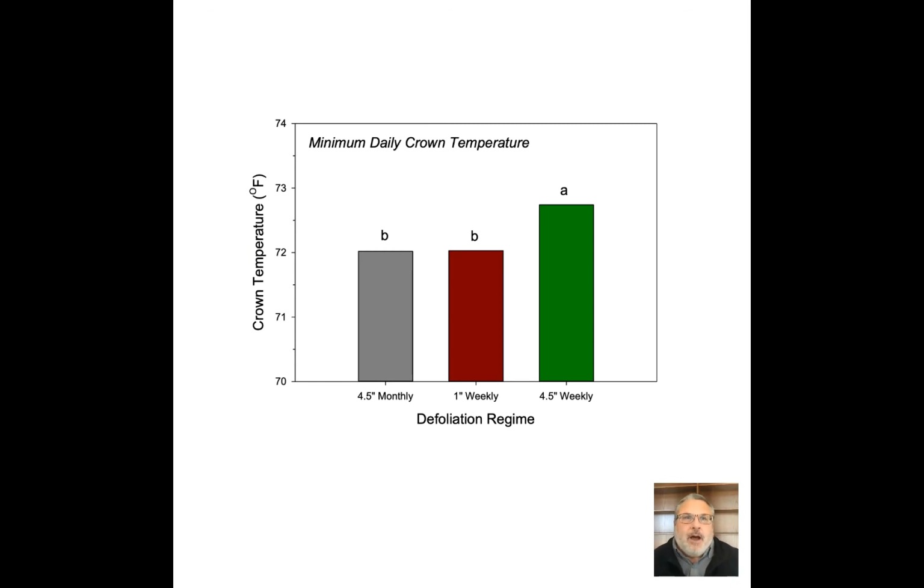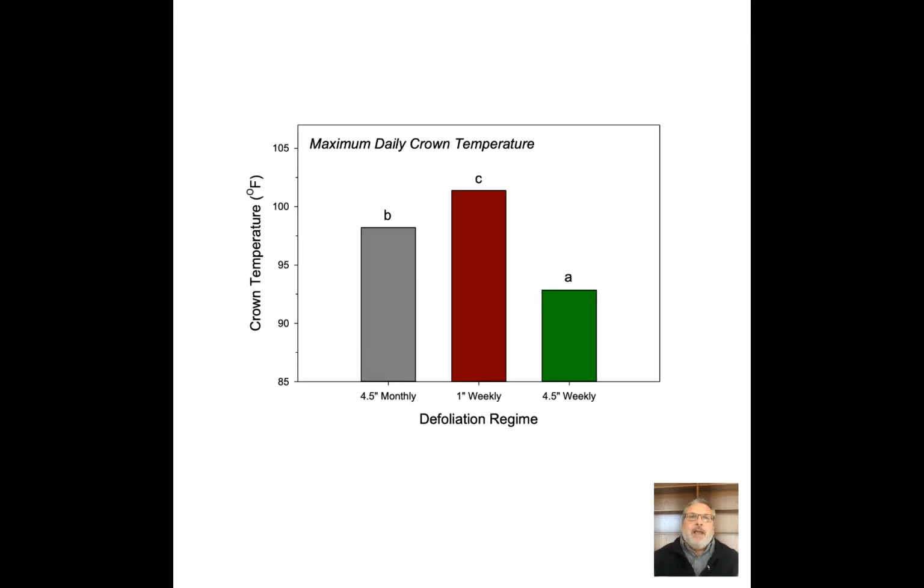When we looked at the crown temperature, and this is the minimum daily ground temperature, our defoliation treatment of 4.5 inches weekly had the highest minimum crown temperature. When we looked at maximum crown temperature, it had the lowest maximum crown temperature.